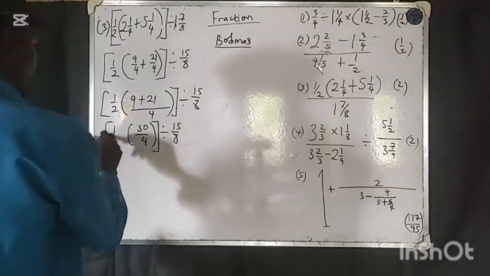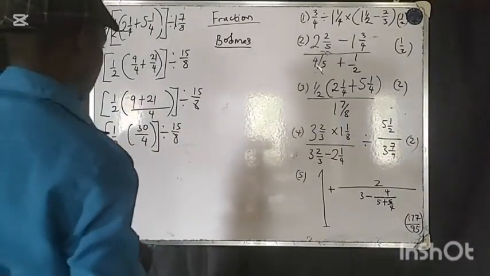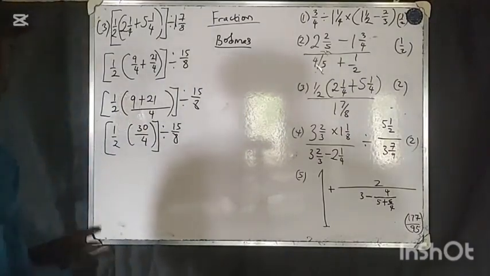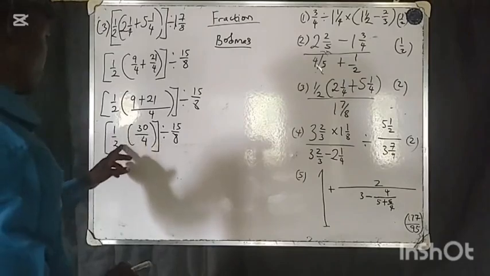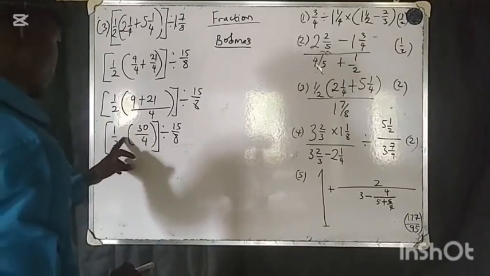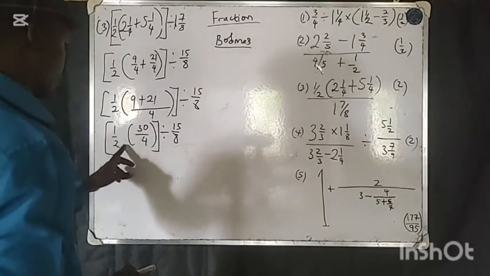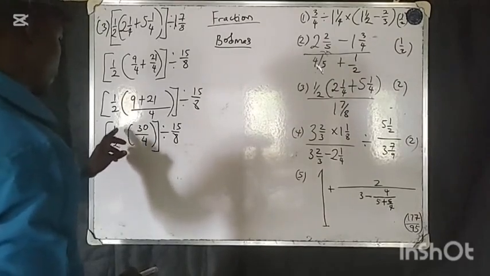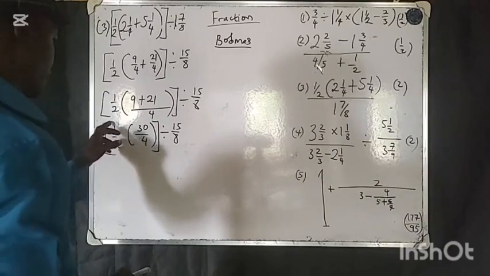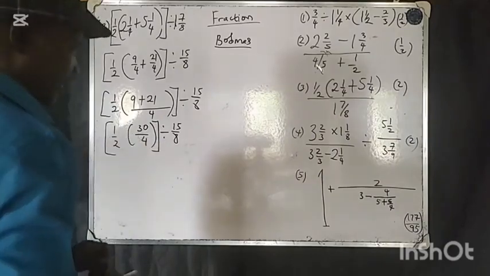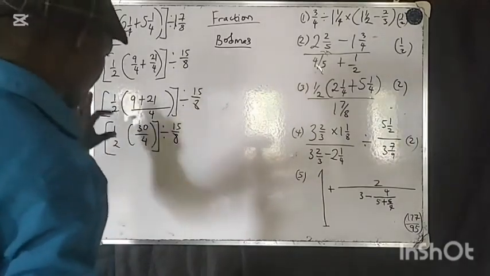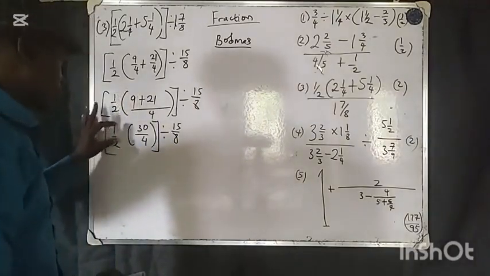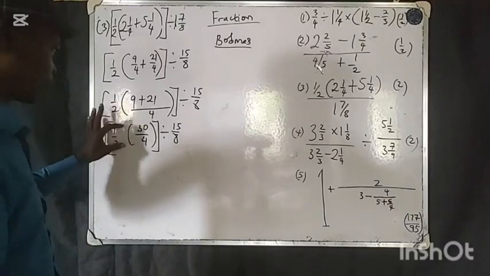We should not throw it away for now. Now, what are we supposed to do? We are supposed to multiply. There is no plus here, no subtraction, no addition. And because of that, we are going to multiply this fraction and the one inside the bracket. Please understand, take note of this. When you have two numbers, there is no plus or minus between them.